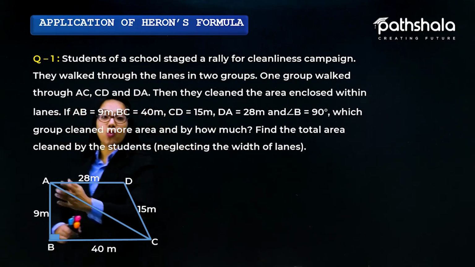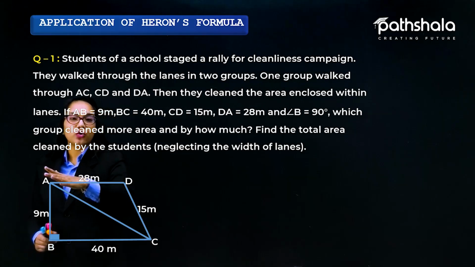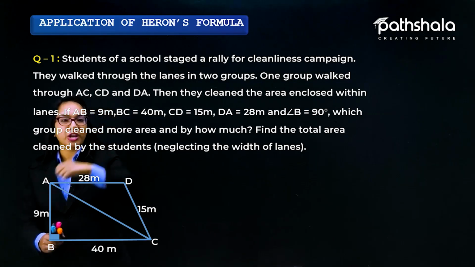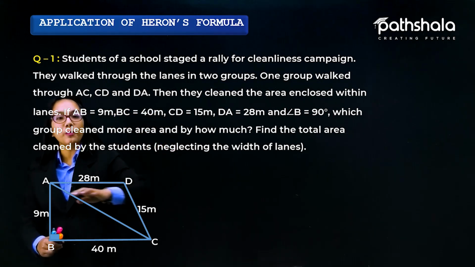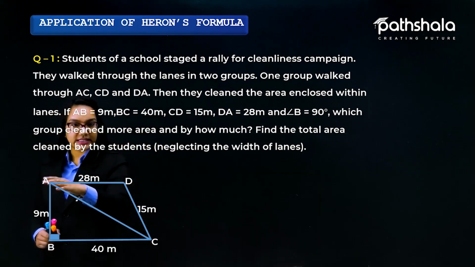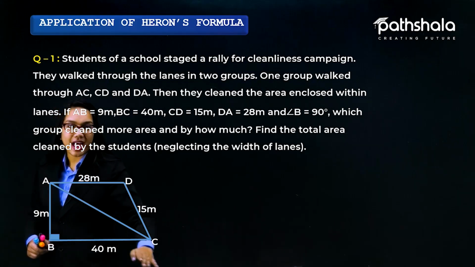The other group was walking through AB, BC, and AC. So this is additional information related to this question: one group was walking through AD, DC, AC, and the other group was walking through AB, BC, and AC.